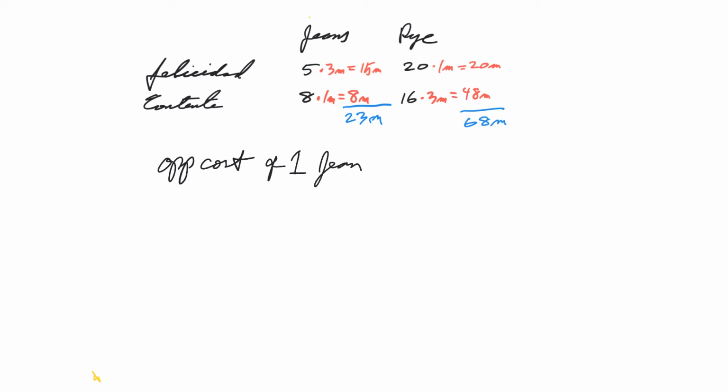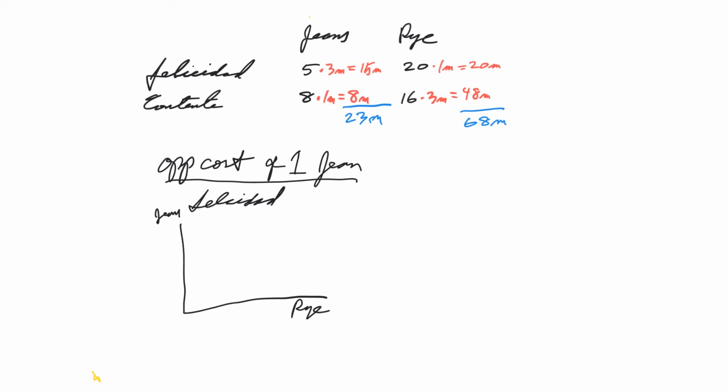Now it wants to know the opportunity cost of one pair of jeans. Okay. Well, let's do it this way. Felicidad. Let's draw a little production possibilities curve. We can put jeans on this axis, rye on this axis.